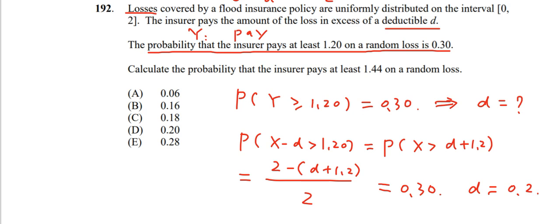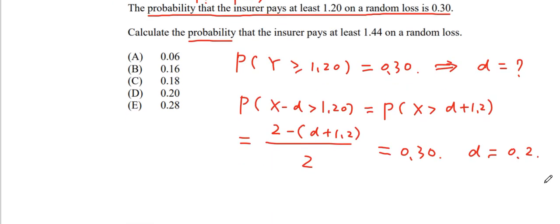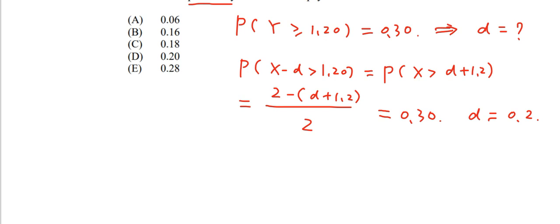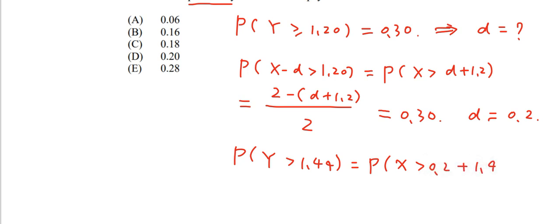Now that we have d, we can find the probability that the payment is at least 1.44. P(Y at least 1.44) equals the probability that X minus d is larger than 1.44, so X larger than d plus 1.44, which is 0.2 plus 1.44.